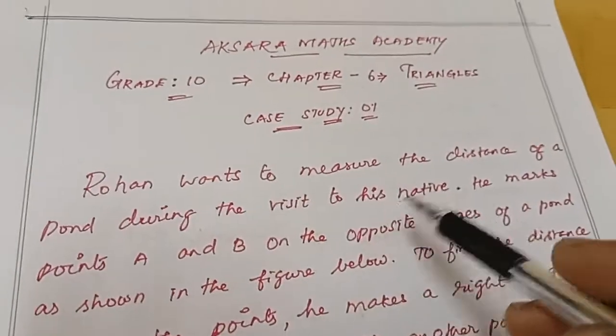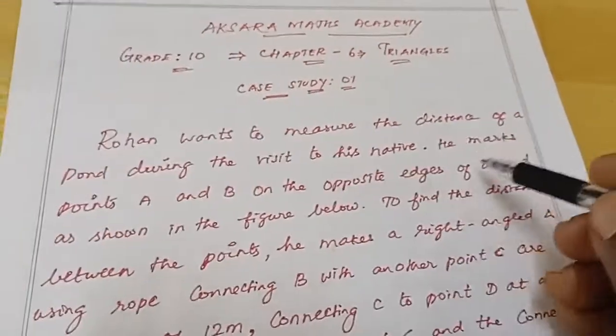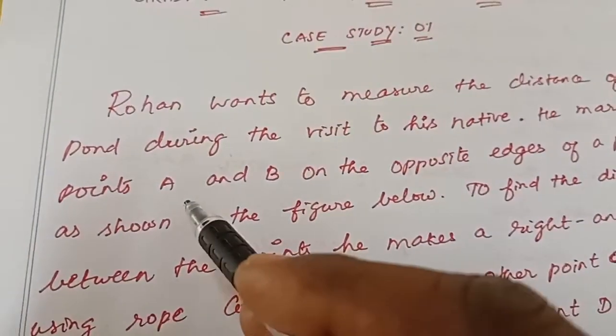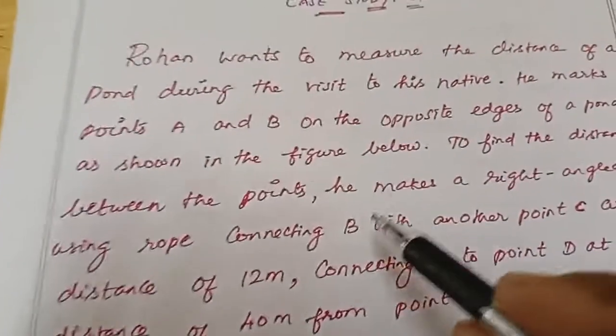Rohan wants to measure the distance of a pond during the visit to his native place. He marks points A and B on the opposite vertices of the pond as shown in the figure.